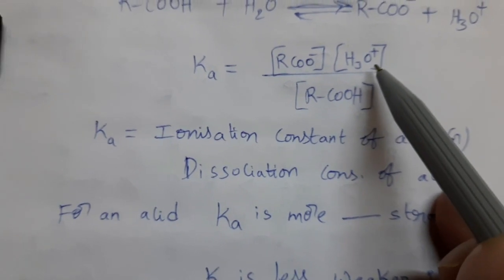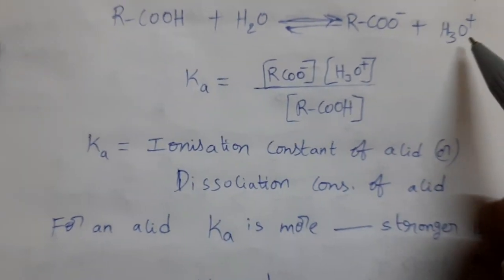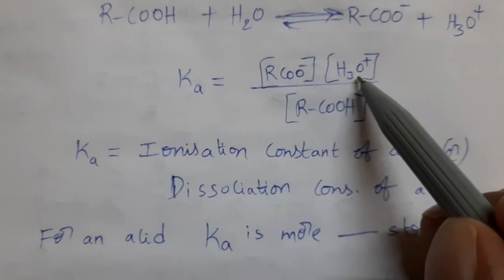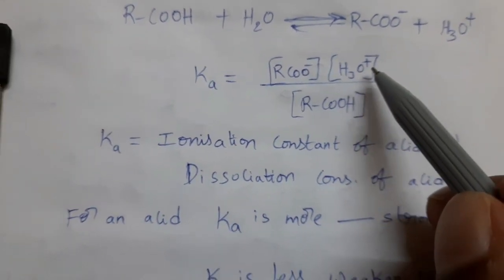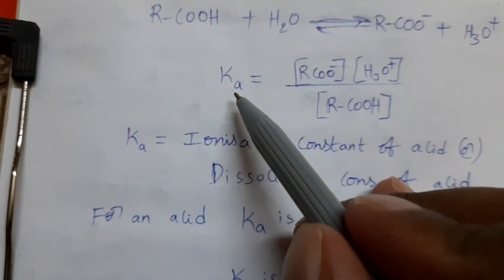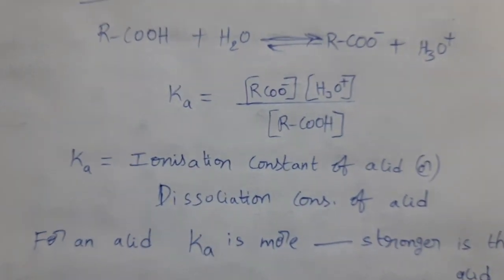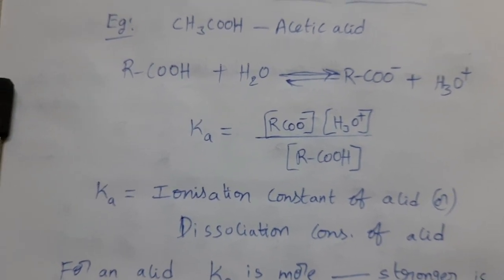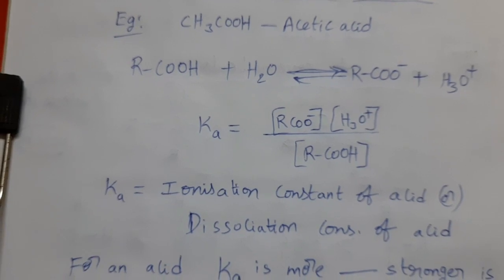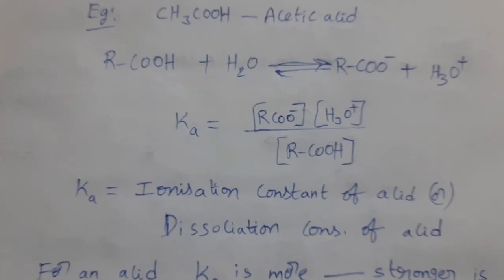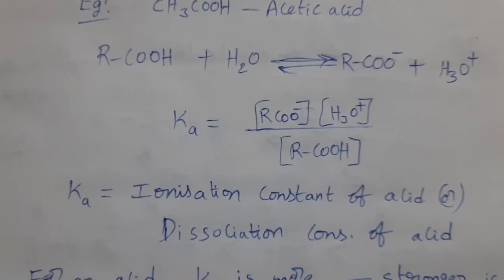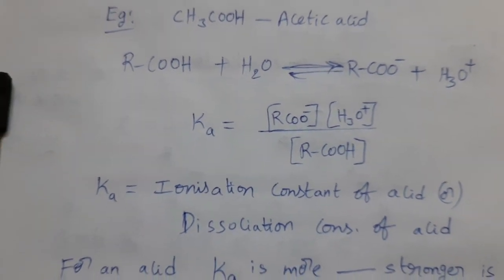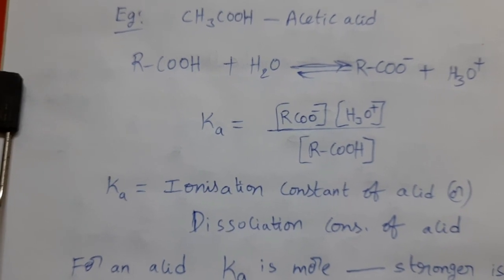When more H plus ions are obtained in the ionization reaction, the carboxylic acid undergoes more ionization and releases more H plus ions.